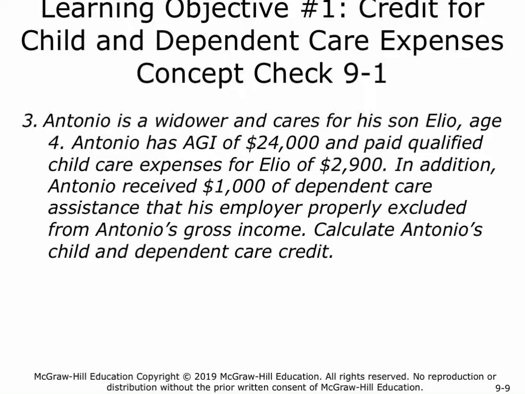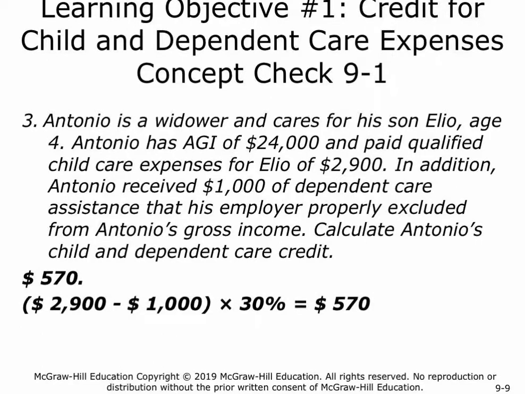And then because of the adjusted gross income being $24,000, if we take a look at that table, we're going to be at 30% for the amount to use in the calculation. So we would come to $570. That's going to be the $2,900 minus $1,000 to get our $1,900 multiplied by that 30%.